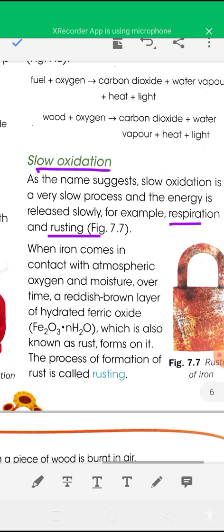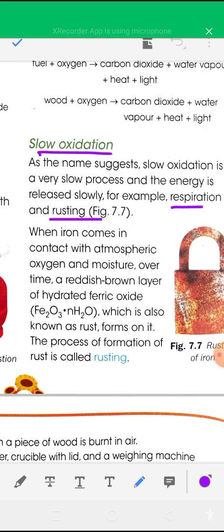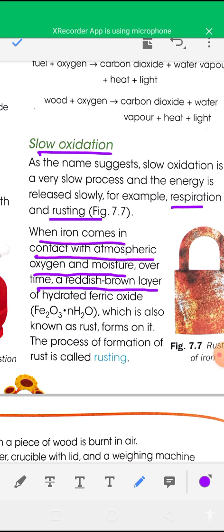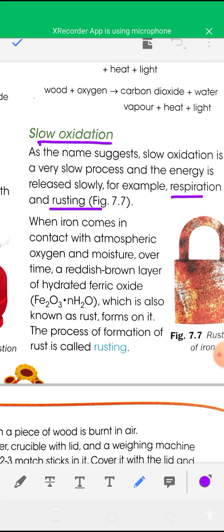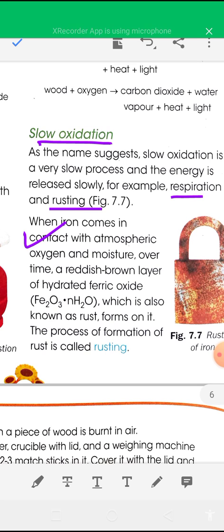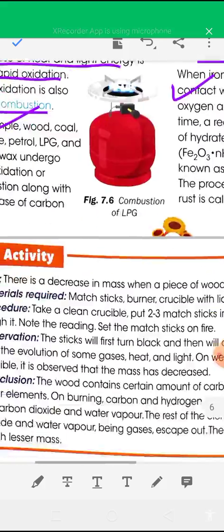When iron comes in contact with atmospheric oxygen and moisture, over time a reddish brown layer of hydrated ferric oxide, Fe2O3.nH2O, is formed, and this reddish brown layer is known as rust. The process of formation of rust is called rusting. Rusting of iron is a chemical change. It is a slow oxidation reaction between iron and oxygen.